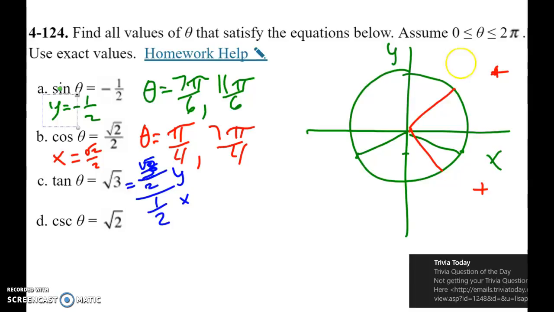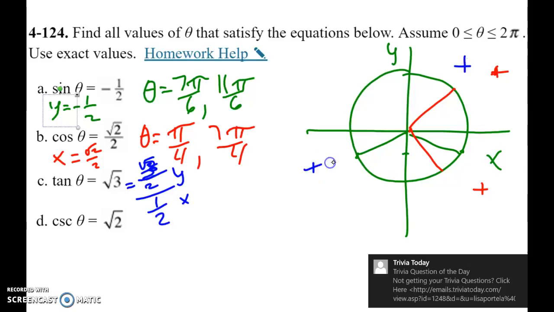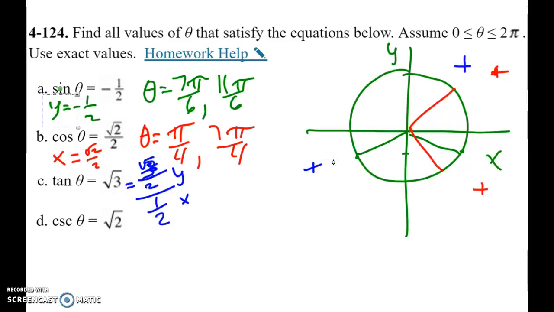So we're looking at this quadrant and this quadrant. And where is y the square root of 3 over 2? That would be here and here. So those 2 spots would be angles pi over 3 and 4 pi over 3.